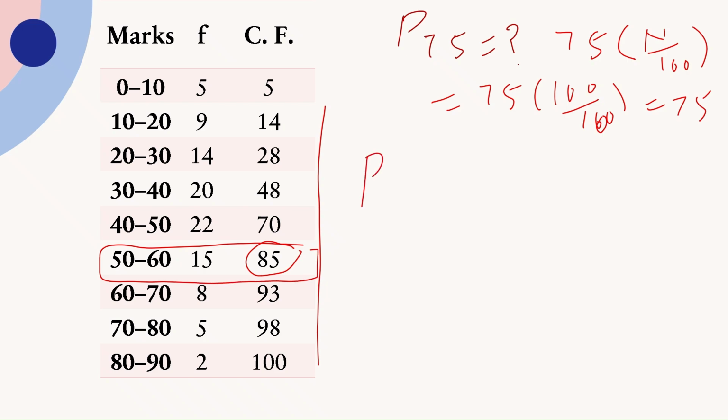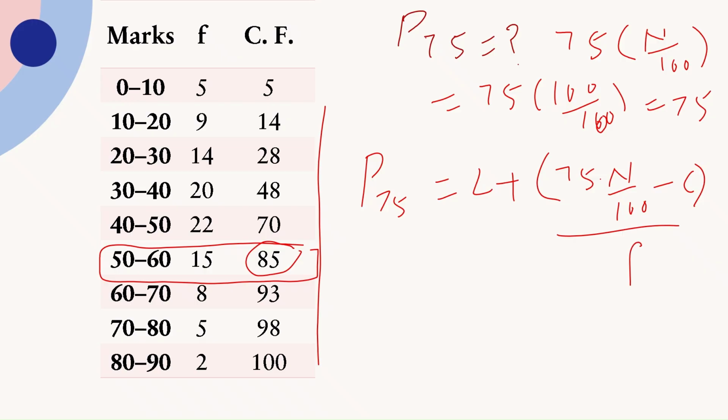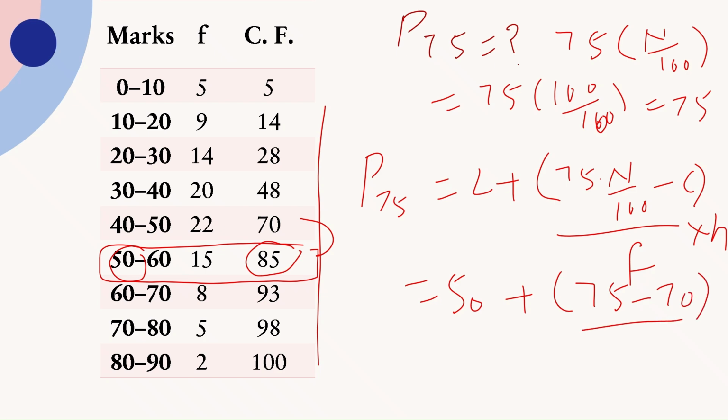Use the formula P75 is equal to L plus 75 n by 100 minus C, divided by F, into H. So L, same, the lower limit of the selected class, which is 50, plus 75 n by 100 already calculated, 75, minus C, the preceding cumulative frequency, 70, divided by F, the frequency of the selected class, 15, into H, which is equal to 10.